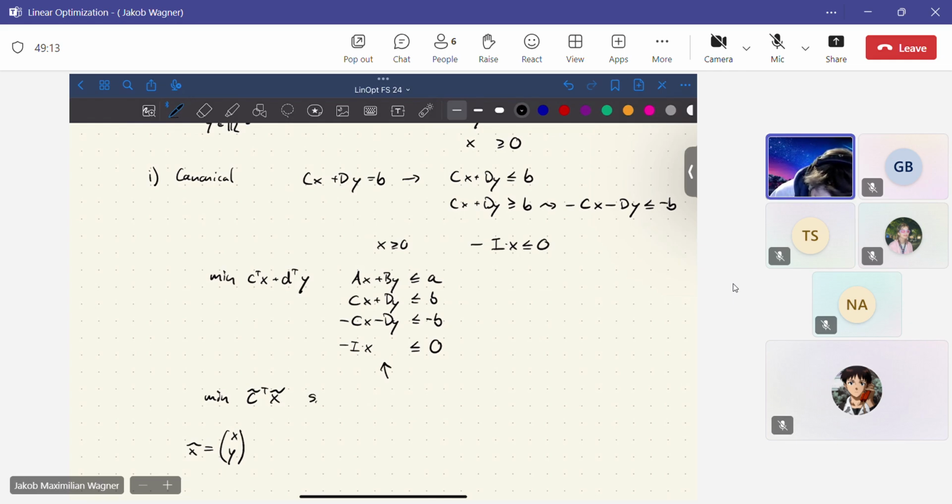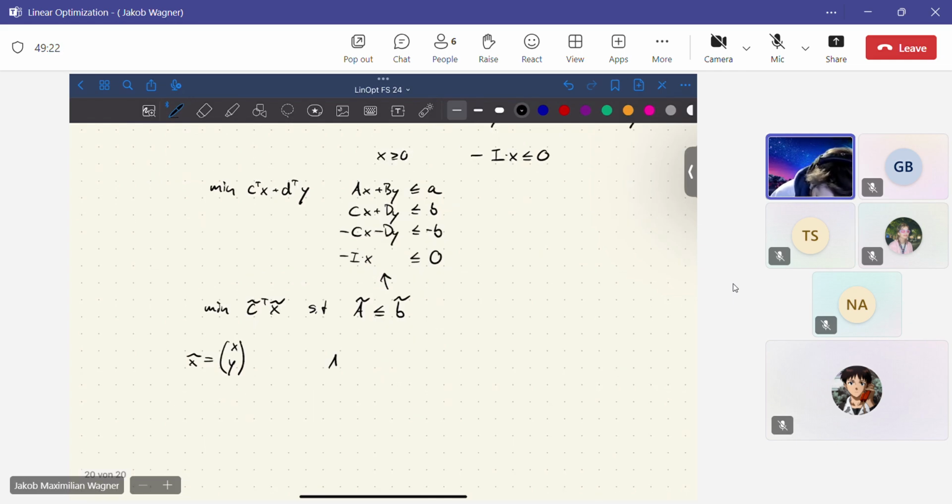And we have the constraint A tilde x tilde less or equal than b tilde. And this A tilde matrix we get by the following block matrix. We have A and B, we have C and D, we have minus C and minus D, and we have minus the identity and a 0 block. And the right-hand side of the fused together inequality constraints is then a, b, minus b, and the 0 vector.